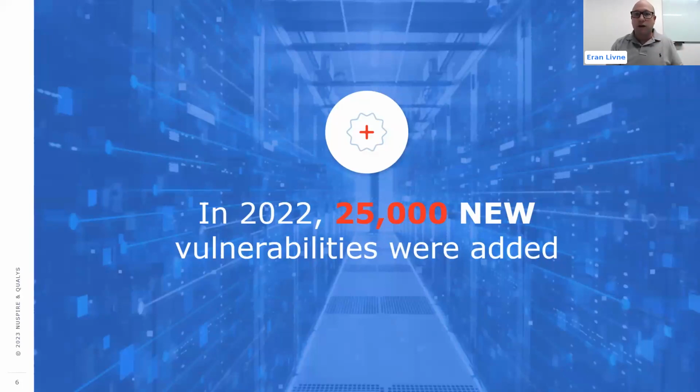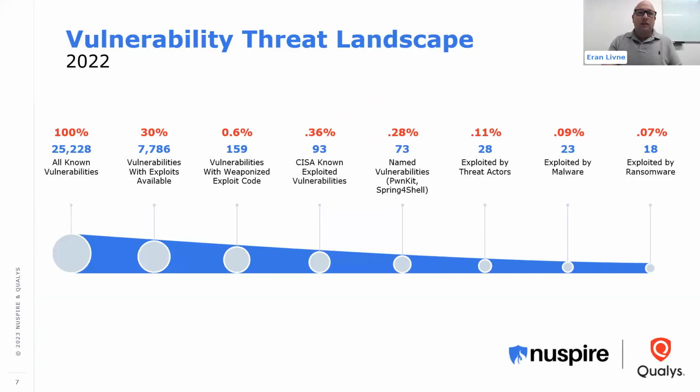In 2022, we had 25,000 vulnerabilities released in the year. What's interesting is if you look at the data, from those 25,000, only about 8,000 were actually exploitable, meaning there was a theoretical exploit available for those vulnerabilities.